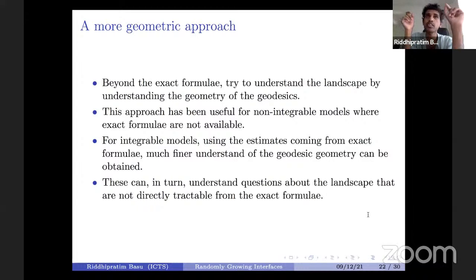The information you can get by combining these two is sometimes more than you could directly get from analyzing these exact formulas. So this is an approach which people have been pursuing over the last 5-10 years, maybe a little less than that, and it's also the part of the story where I am personally involved.